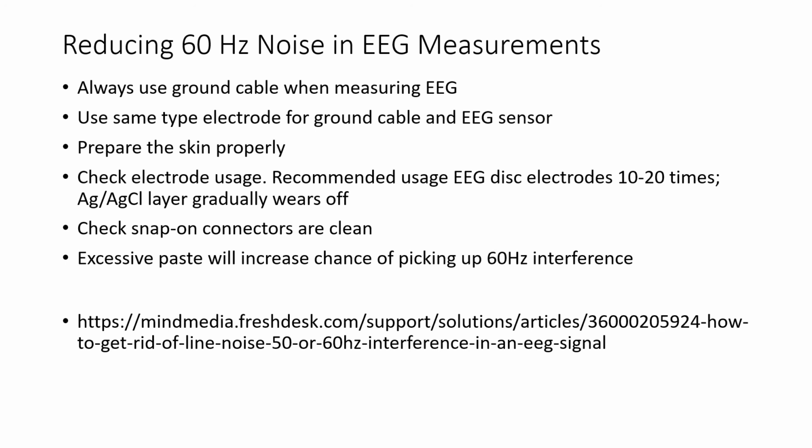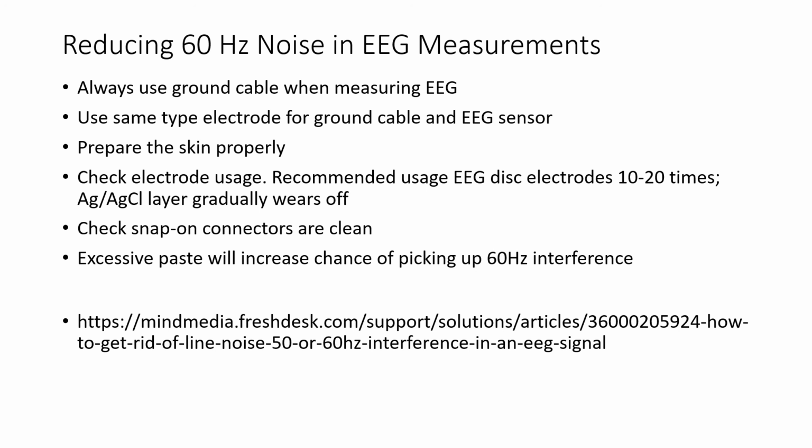So this list, again, I've provided the link at the bottom for you if you want to read more about this topic. But again, always use ground cables, use the same type of electrodes, always be sure and prepare the skin properly. Recommended usage of EEG electrodes is 10 to 20 times.